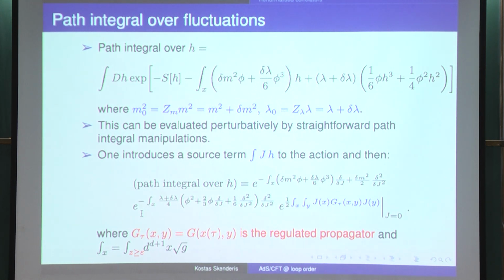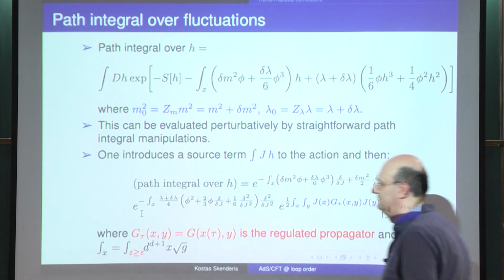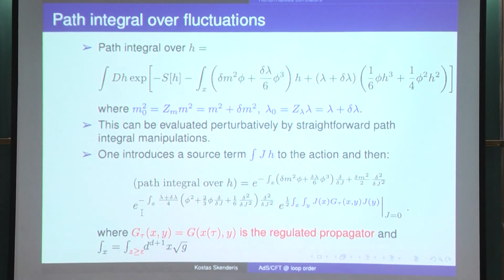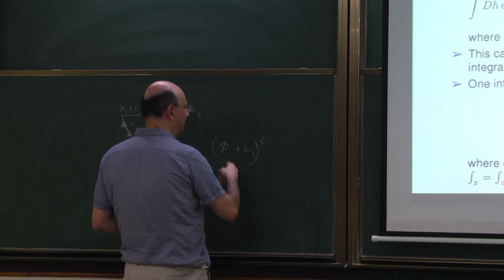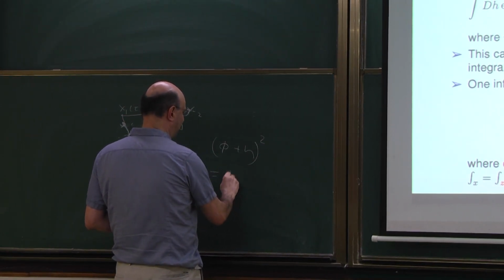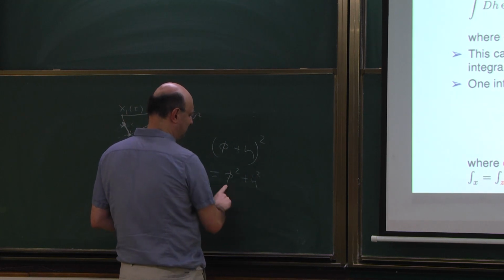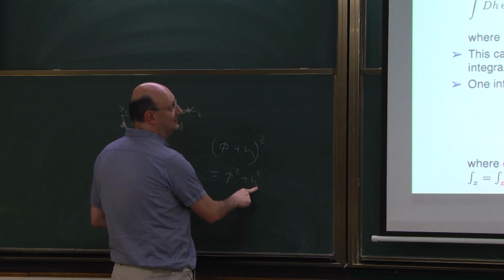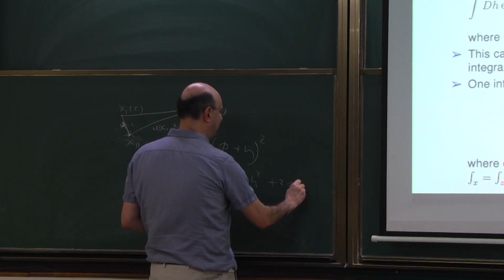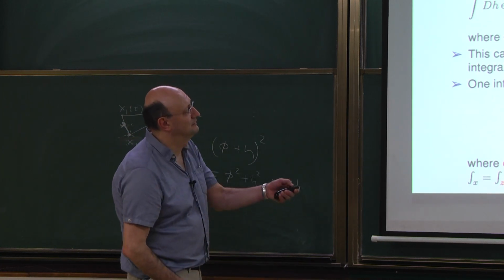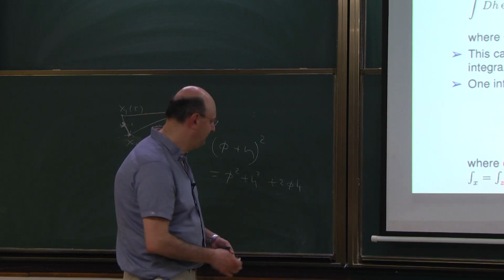So then when you expand the phi, clearly this piece, this was subtracted, is part of this, and then you also have a linear piece, which is that one.